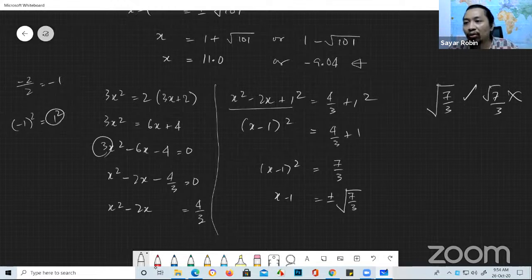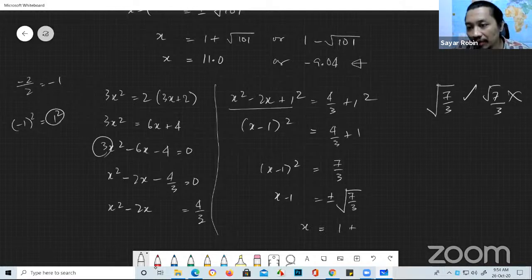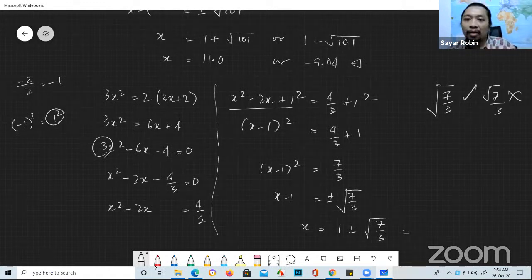So x is equal to positive 1 plus or minus the square root of 7 over 3, to 3 significant figures. You might leave your answer as a final step. This is solving quadratic equations by using the completing the square method.